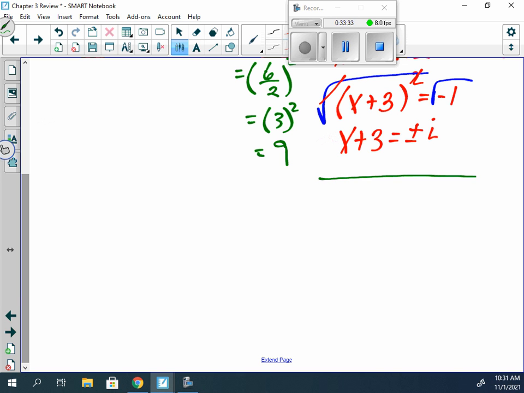And last but not least, we would subtract 3 from both sides, which tells us x is equal to negative 3 plus or minus i. Any other questions on either one of these here?